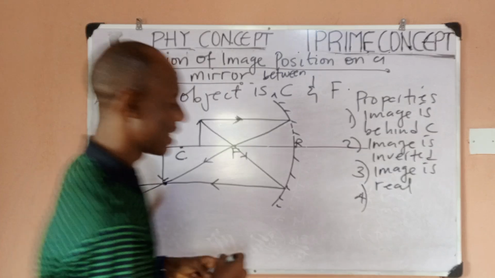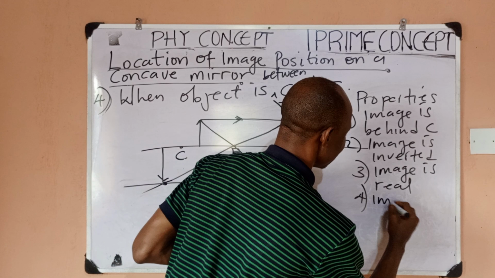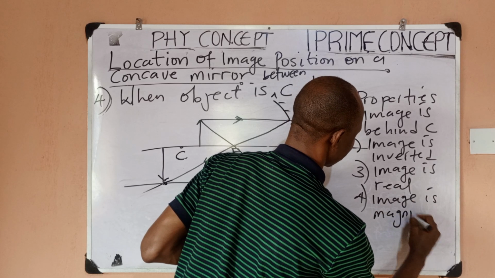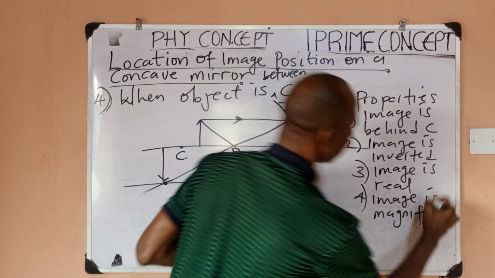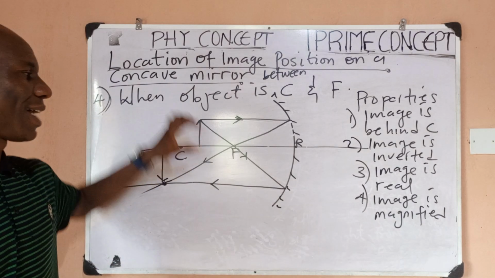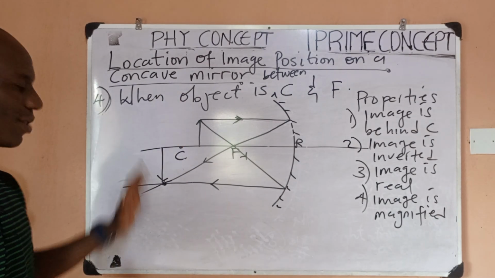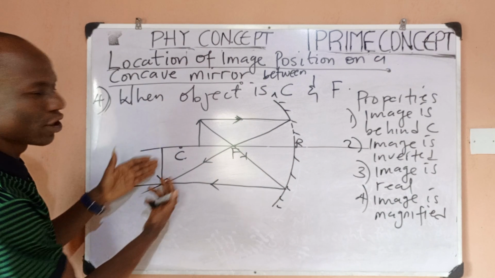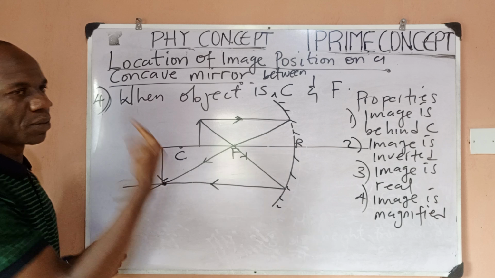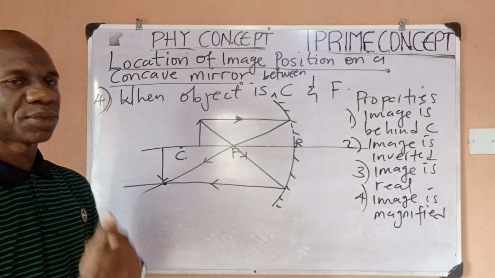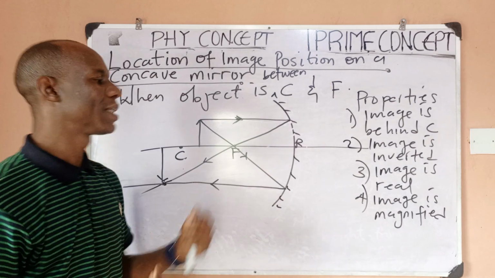So you notice that number four, image is magnified, which simply means that your image is bigger than your object in this case. So this is the point where you begin to observe magnification. Prior to this point, you would observe smaller image, same size. So it's from here you start observing magnified or bigger images.